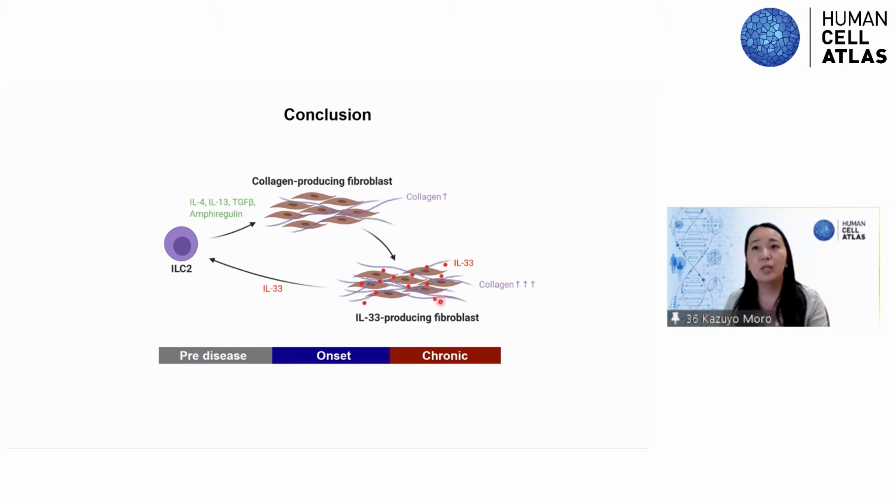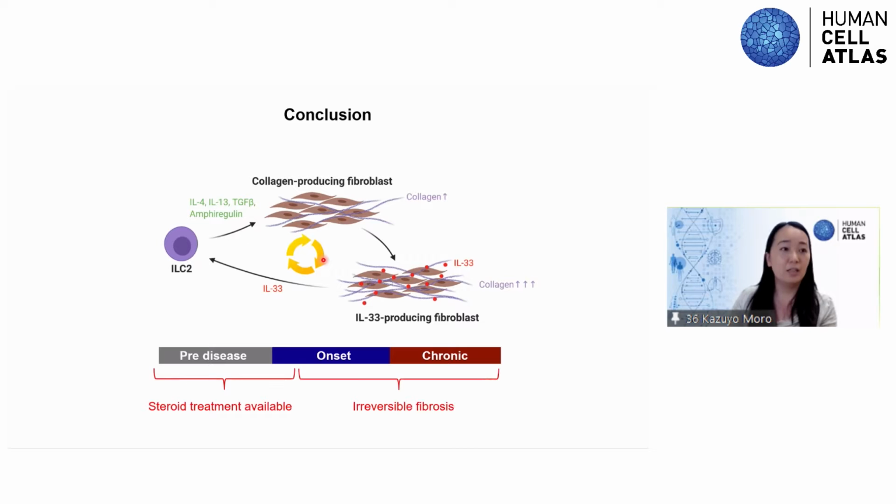And when these collagen-producing fibroblasts start producing IL-33, this IL-33 is going to give a feedback to ILC2 and re-stimulate ILC2. So we believe that that's why fibrosis is a chronic disease. And the steroid treatment analysis shows that if we start the treatment from the pre-disease phase, we can cure this severe disease.